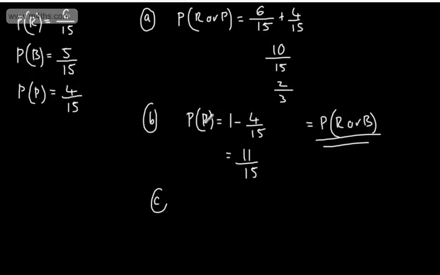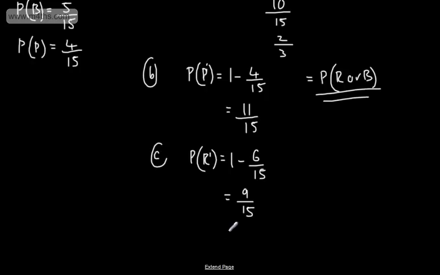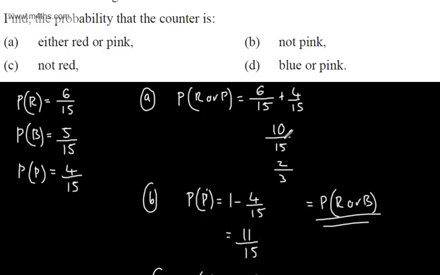So the probability now of not being a red will be 1 minus the probability of it being red. So that's going to give us now 1 minus 6/15. 15 minus 6 is 9. 9/15, which if we wanted, we could simplify and we could divide the numerator and the denominator by 3 to give 3/5. If we look at D, a blue or a pink, and we'll do it just here.